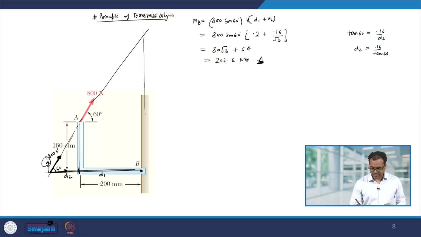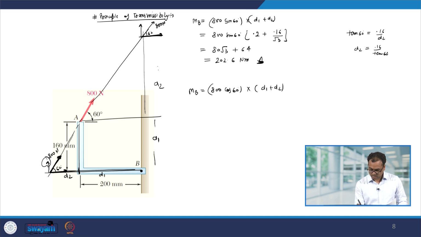Now, we can also translate this force on the y axis. So, this is the force that we have, 800 Newton, we can again break it into x and y components. So, in this case the moment will be 800 cos 60 degrees multiplied by d1 plus d2, wherein d1 and d2 are this distance.